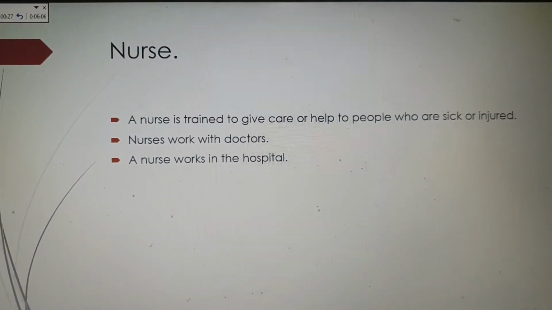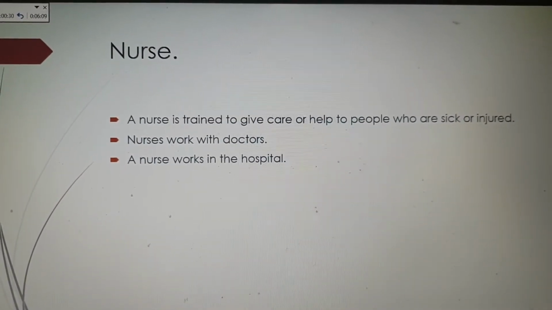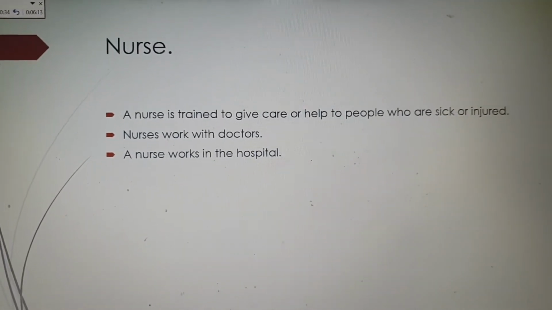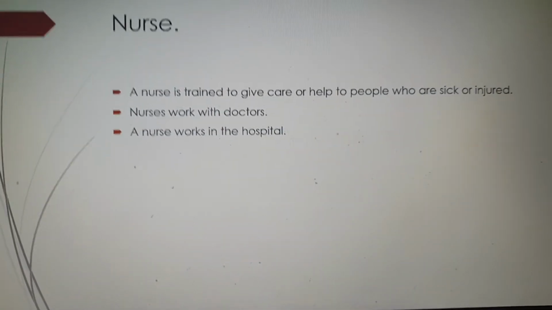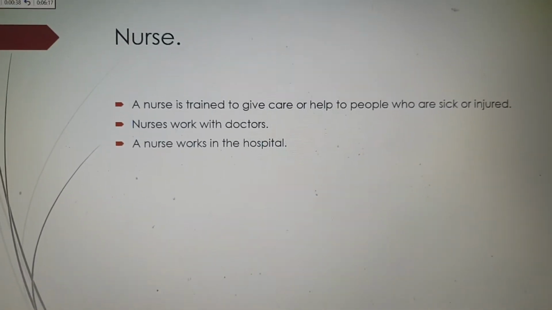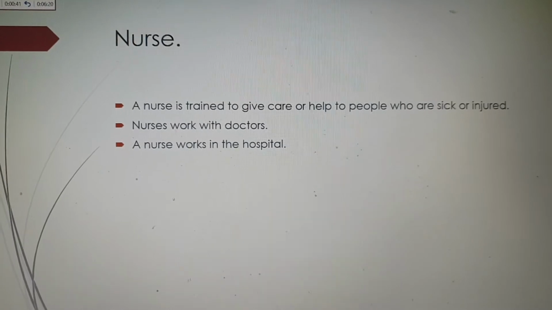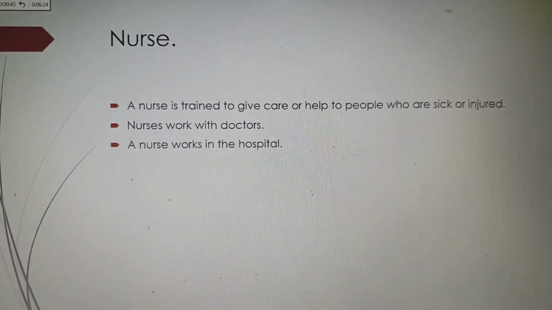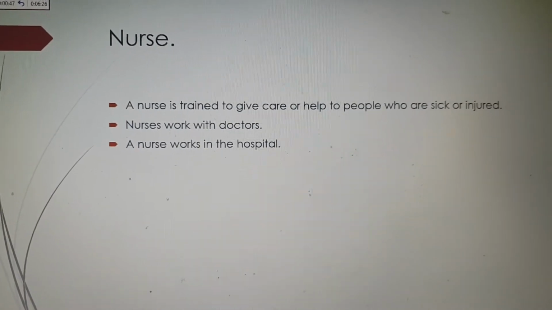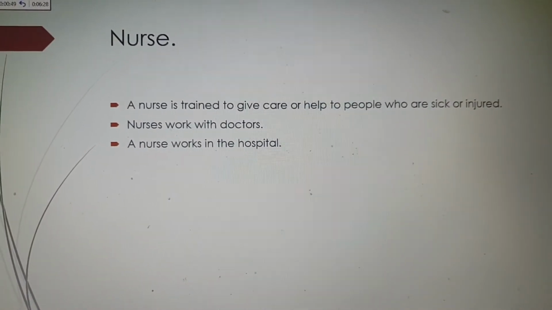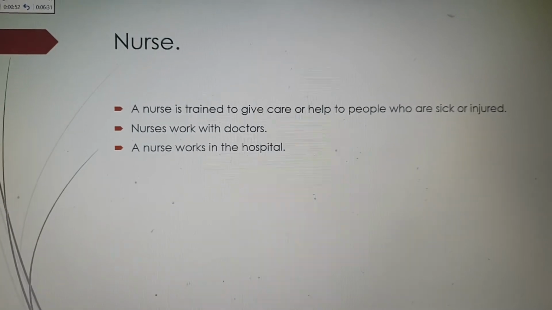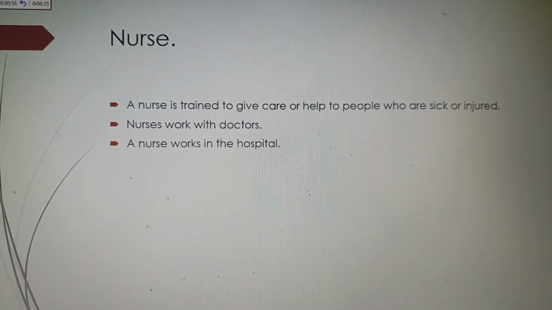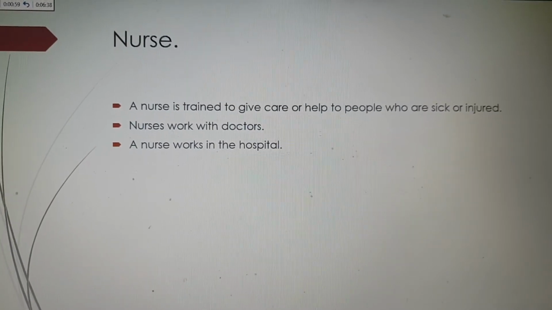Now, a doctor helps to heal sick people, while a nurse takes care of or helps sick people. Now, listen, when you go to the hospital, the first person you meet is the nurse, right? Yes, the nurse would check your temperature, then the nurse will transfer you to a doctor, right? Yes, so a nurse gives care or helps people who are sick or injured, okay?